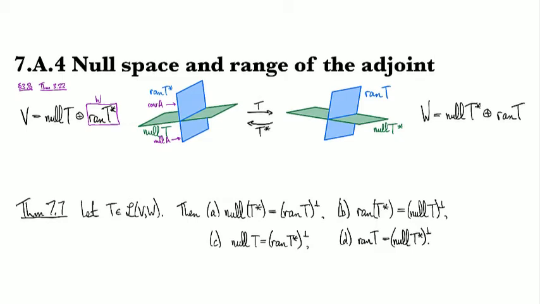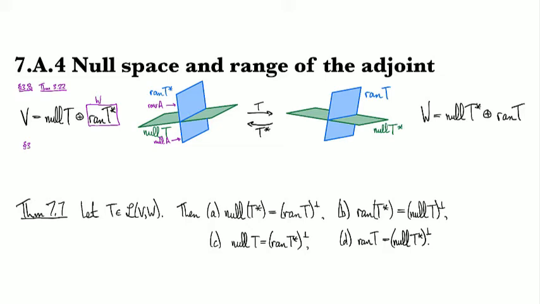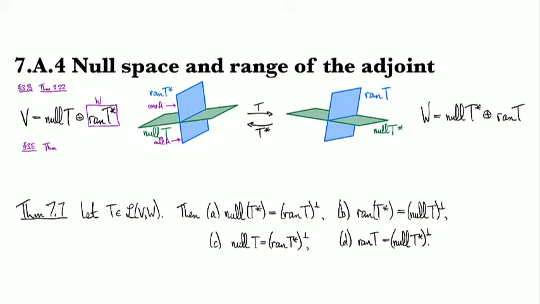But then what happened is later on, we started talking about products and quotients. And so in section 3E, we had theorem 3.91.